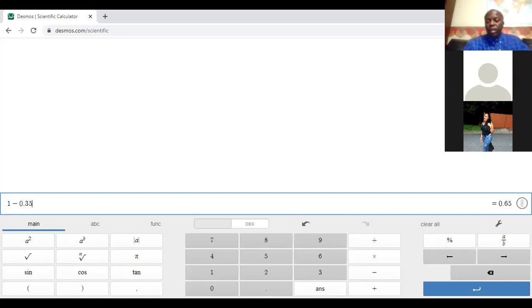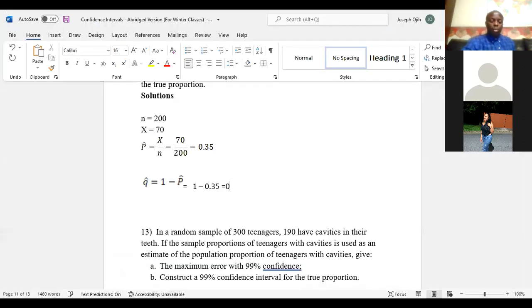You can get this from the calculator, and the answer is 0.65. So q hat is 0.65. We'll go back and put it in.